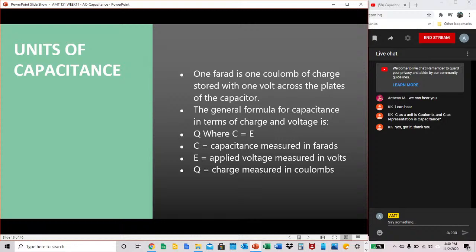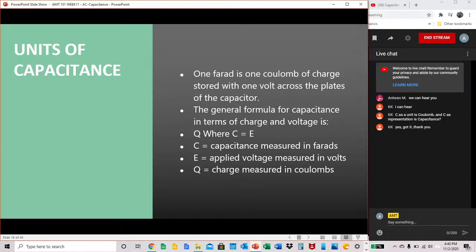The general formula for capacitance in terms of charge and voltage is as follows: C equals Q over E. Here we have C meaning capacitance measured in farads, E meaning applied voltage measured in volts, and Q meaning charge measured in coulombs.